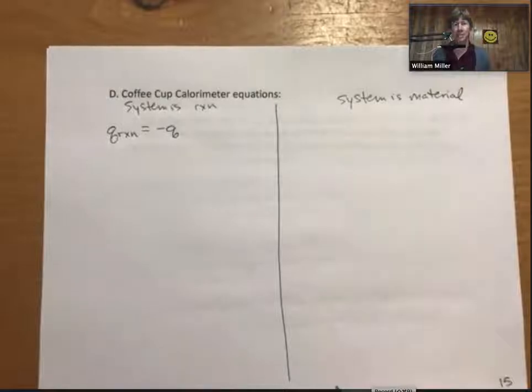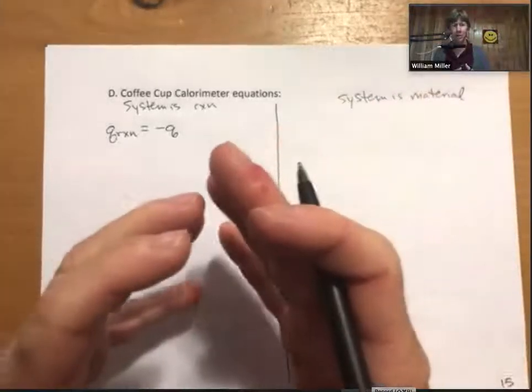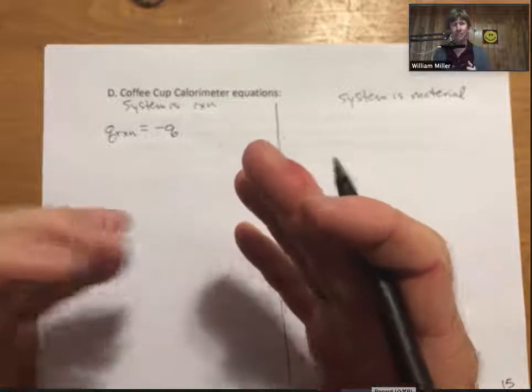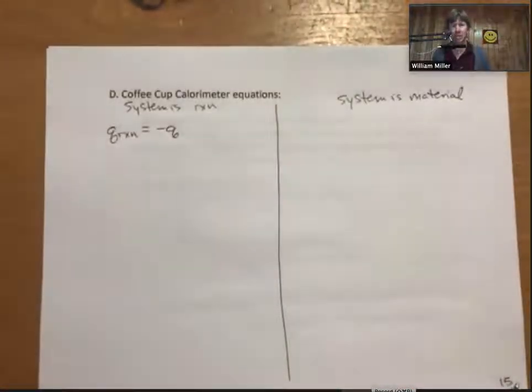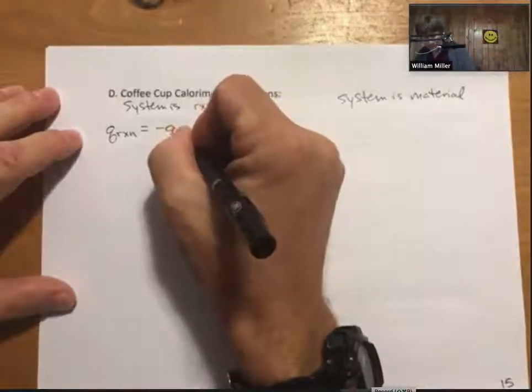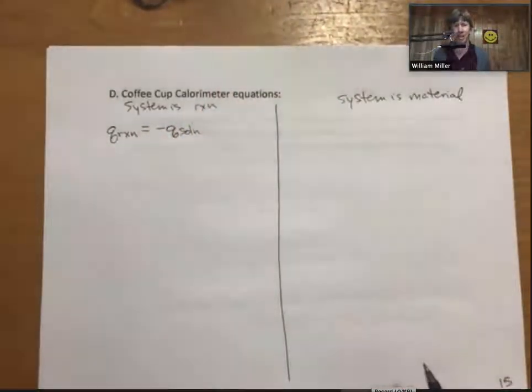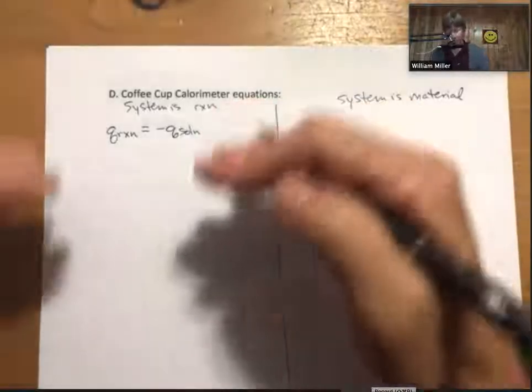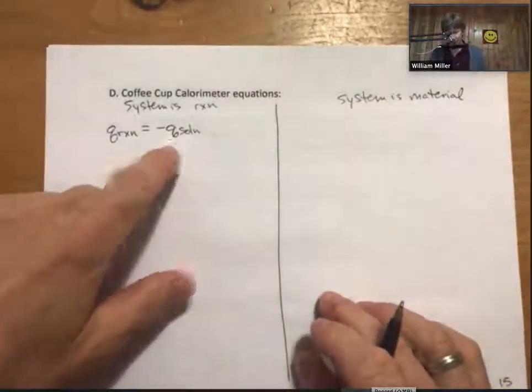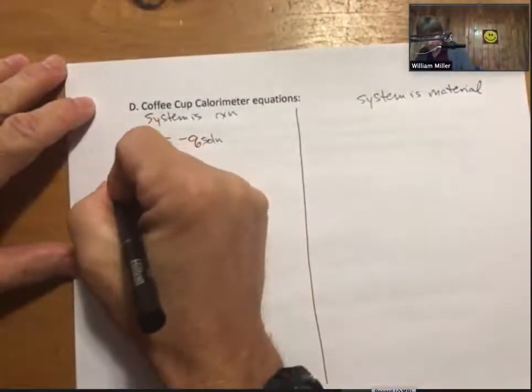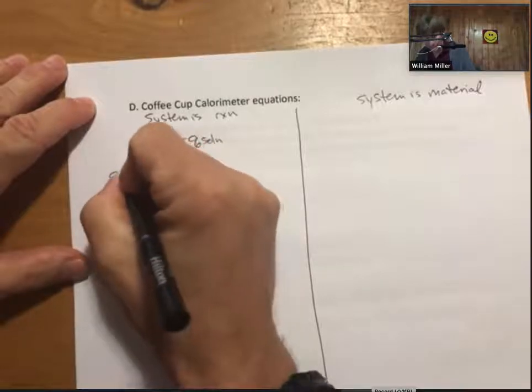And what we will see is that the surroundings in the coffee cup calorimeter will be everything, but since the coffee cups keep all of the heat energy inside, then functionally the surroundings are the solution inside the coffee cups. So the solution, and remember Q is heat.